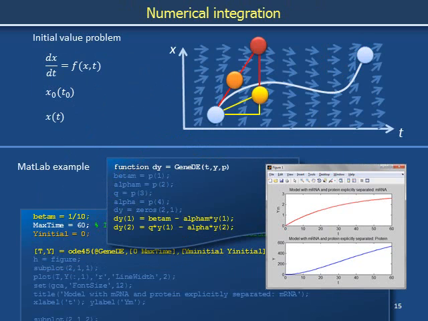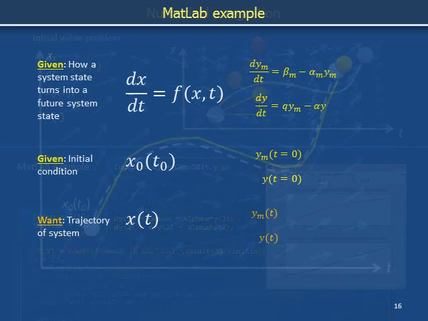Having established intuition about what's under the hood, let's now outline the pieces of programming that one encounters when using numerical integrators on a day-to-day basis. In this example, we will outline the organization of MATLAB scripts you can use to calculate the dynamic levels of messenger RNA and protein in a toy model of gene transcription and translation. We will carefully derive this system in the next video module.